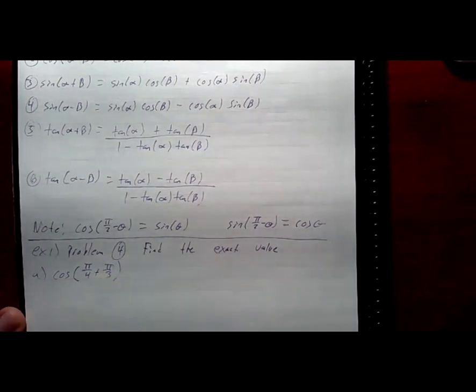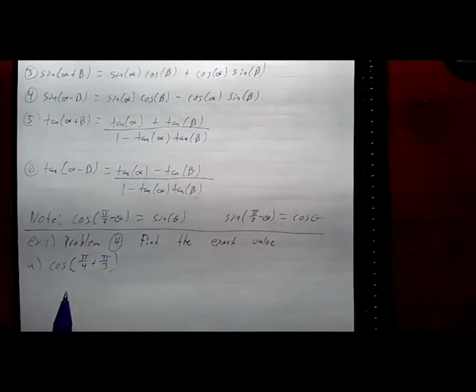All right, so this is like the alpha and beta. So if it has a sum and it's cosine, we'll use number 1, right? Number 1 had a plus.